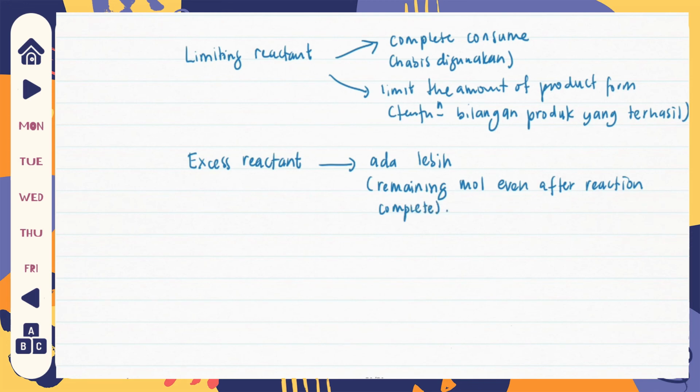Untuk excess reactant dia berlebihan. Untuk limiting reactant dia habis digunakan. Maksudnya tak cukup untuk bertindak balas dengan kesemua excess reactant yang ada. Okey, limiting reactant ni mesti tak cukup. Not enough to completely react with all excess reactant that you have.